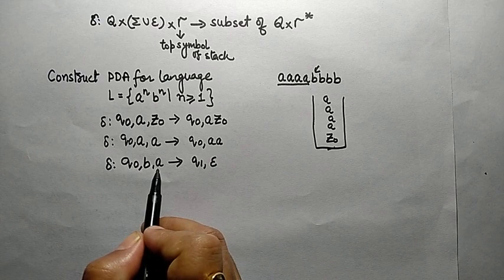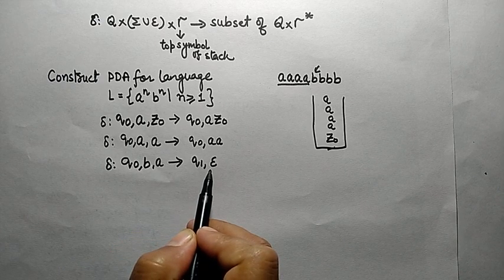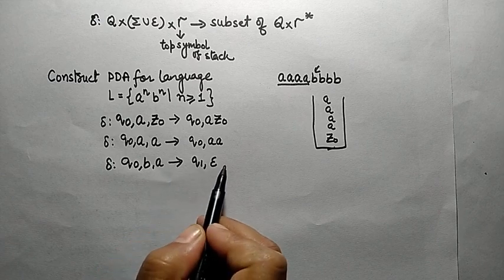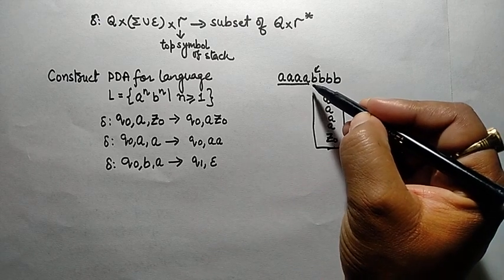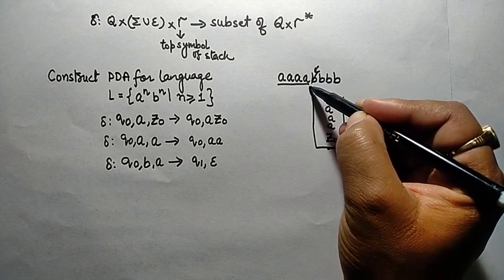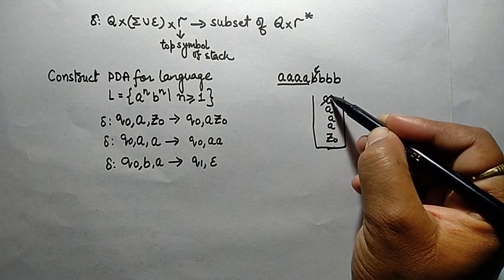It means we are removing this A from the top and replacing it with null. Replacing A with null means we are just removing A from the top. So we are reading 1 B and removing 1 A.